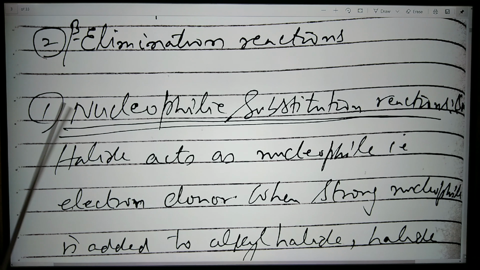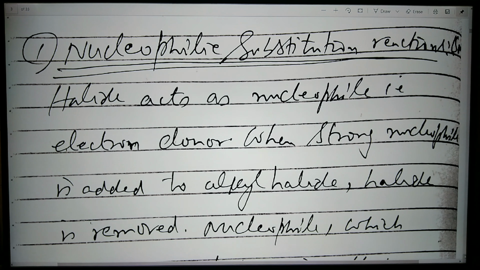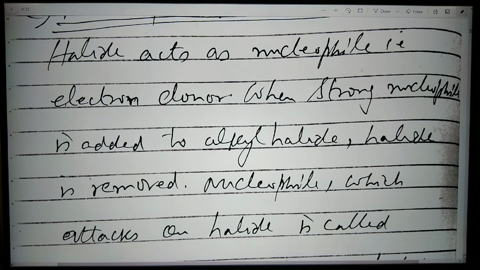First of all, we want to explain the nucleophilic substitution reaction. What is meant by nucleophilic substitution reaction? Halide acts as nucleophile, that is electron donor. When a strong nucleophile is added to the alkyl halide, the halide is removed.